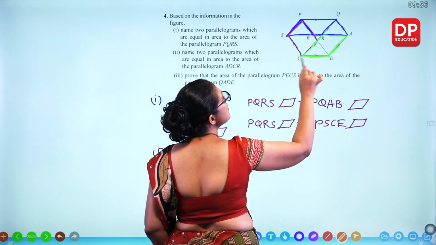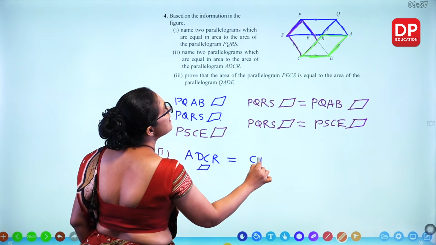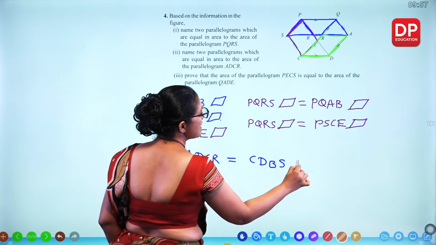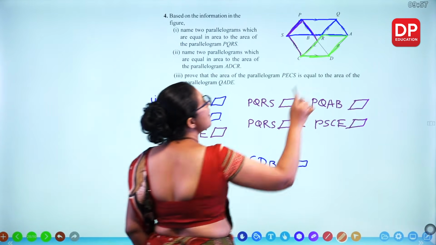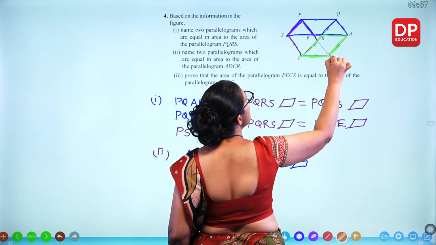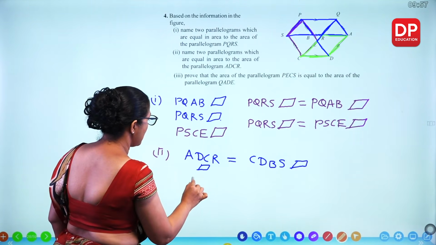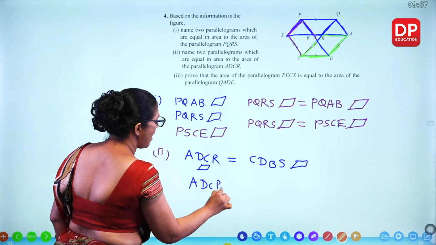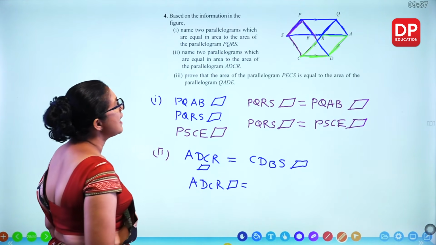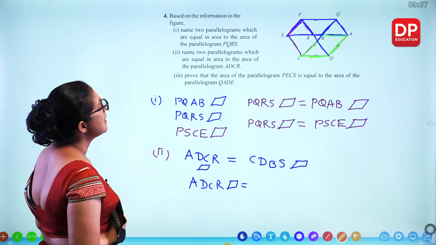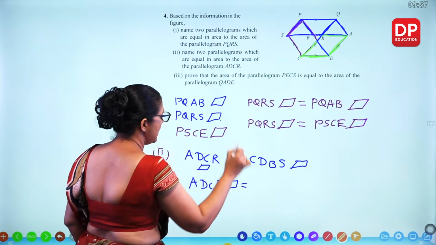We get this base with this parallelogram. So CDBS parallelogram. And also if I take this base, AD, as the base, I can get this as well. So again ADCR parallelogram is same as AD, this one, QADE.